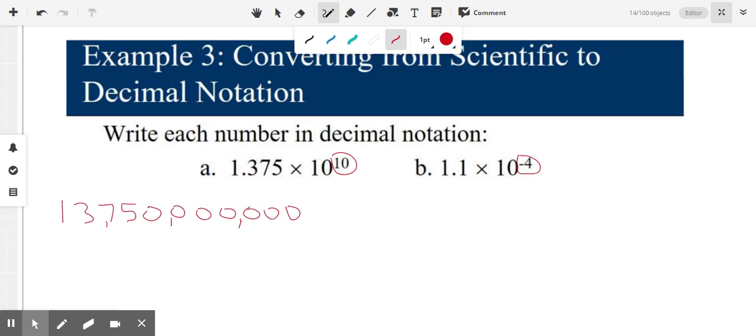So 1.1 times 10 to the negative 4th means 3 zeros and then 1, 1. Notice if the decimal was originally there, it's moved back 4 spots. So with a positive exponent, you move that decimal over that many spots, and once you get to the end of the actual numbers, if you still have to go, you just fill in zeros. When it's a negative exponent, there'll always be 1 less than that number of zeros before that number.